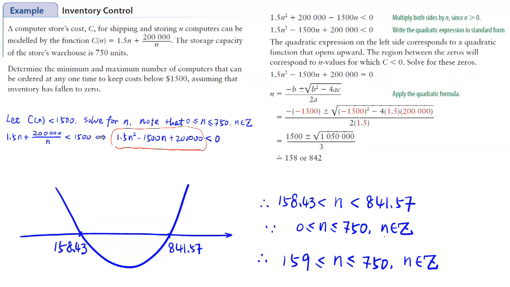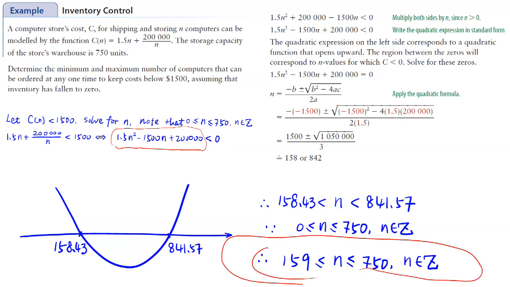And also n needs to be an integer. Therefore, the final solution is n is greater than or equal to 159 and less than or equal to 750, and n is an integer, okay? So this is the final solution of this question. Please have a look at the solution here and let me know if you have any questions, okay?